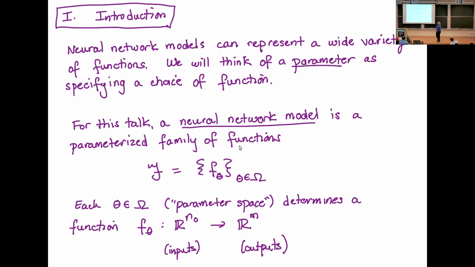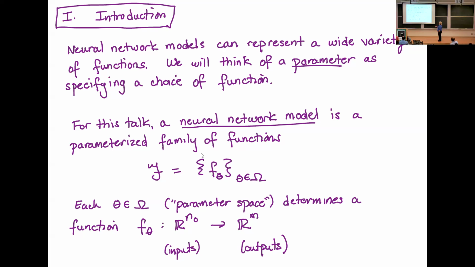Neural network models of whatever sort you're interested in often are such that they can represent a wide variety of functions. And so we're going to think of a parameter as specifying a particular choice of function represented by whatever your model is. So for the purposes of this talk, a neural network model is just a parameterized family of functions.